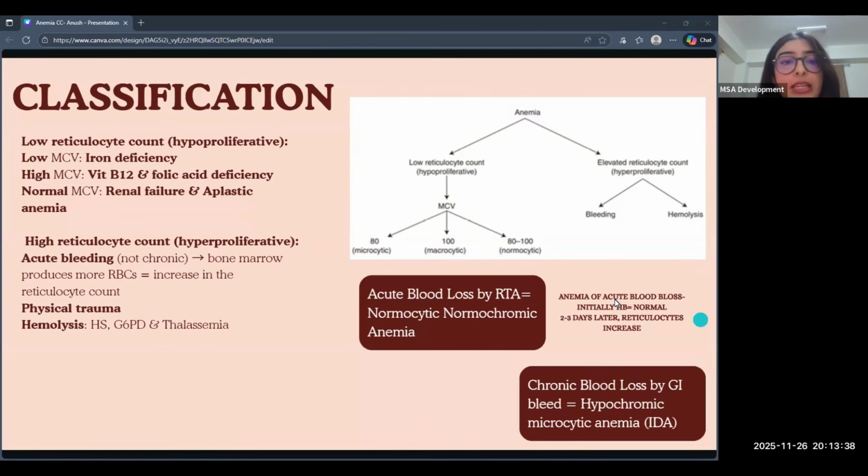And then eventually, 2 to 3 days later, the reticulocytes will increase because the bone marrow will now know and realize that it has to make more RBCs to compensate. Then in chronic blood loss, we have hypochromic microcytic anemia. Now, chronic blood loss is mostly due to a GI pathology like ulcers or a GI bleed, any sort of it. And that could be in the esophagus, in the stomach, anywhere.